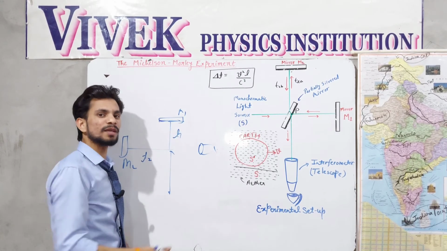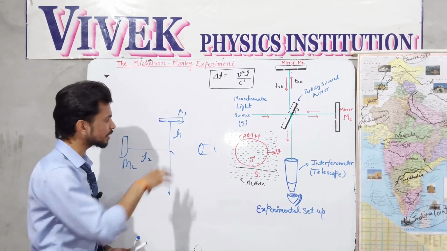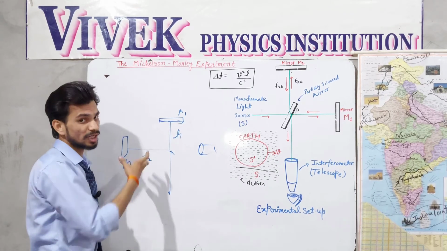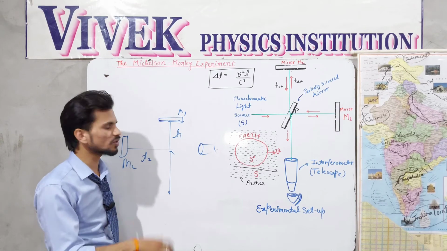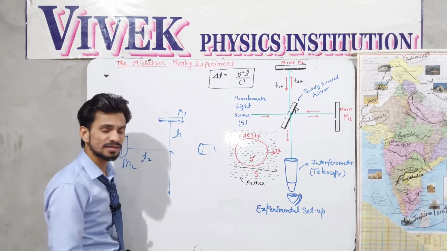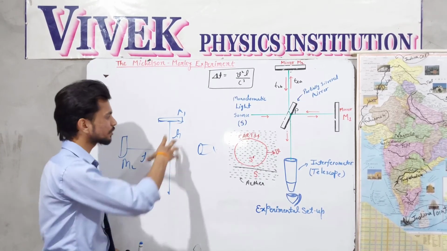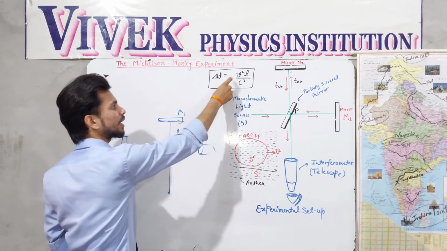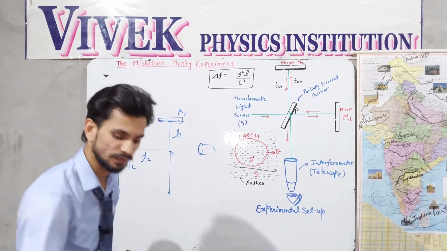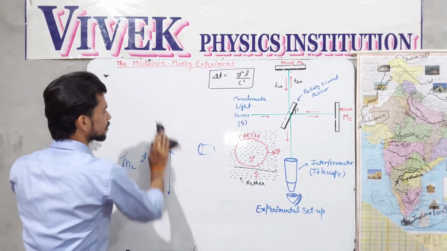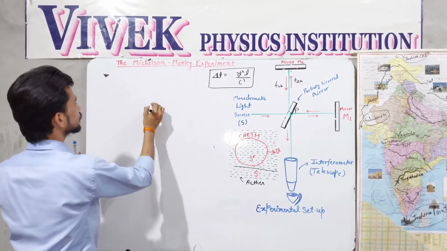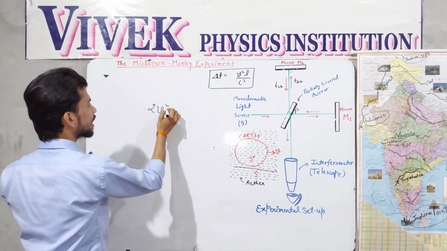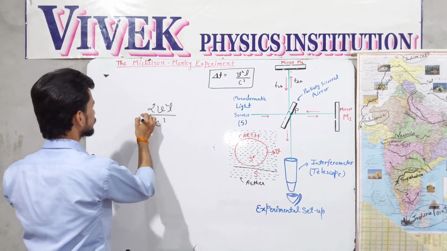Okay, now again we will find the time difference between these two rays, and it will be equal, because there is no change as the experimental setup simply changes. So that particular time will be the same as this quantity. So the complete time will be 2V square L upon C cube. This is the total time.